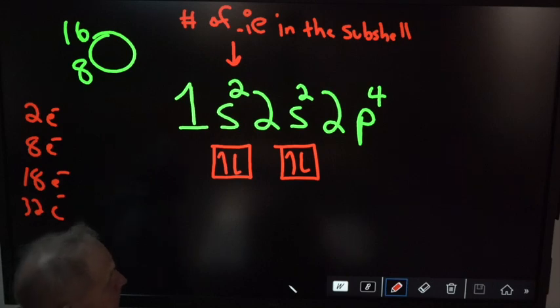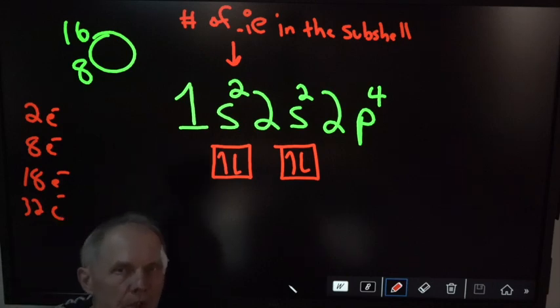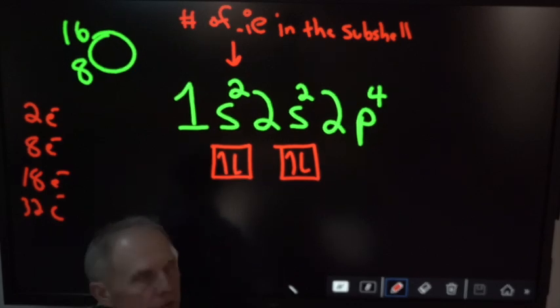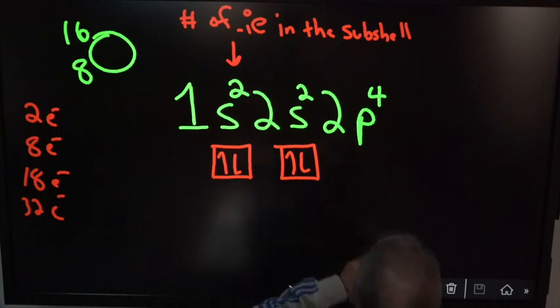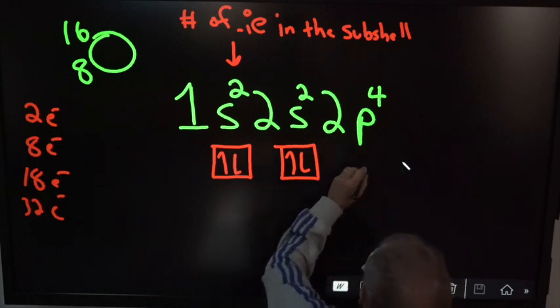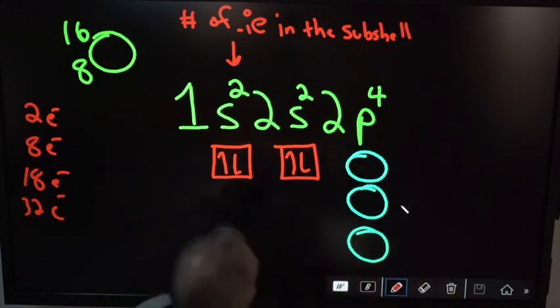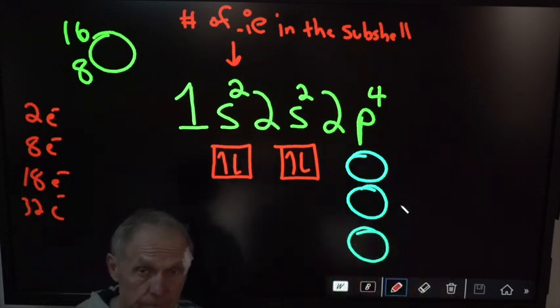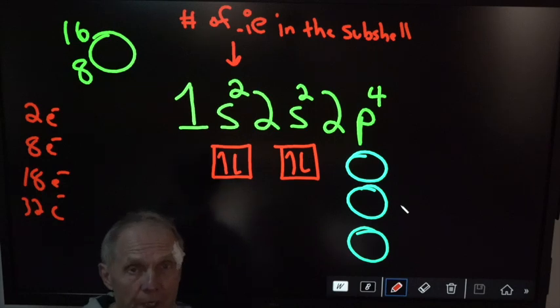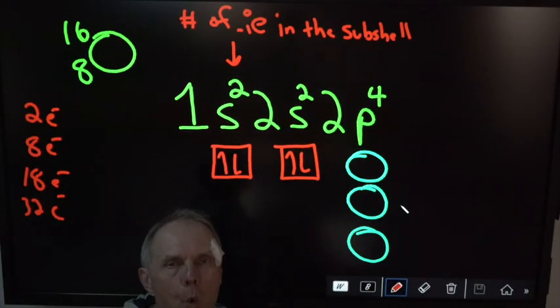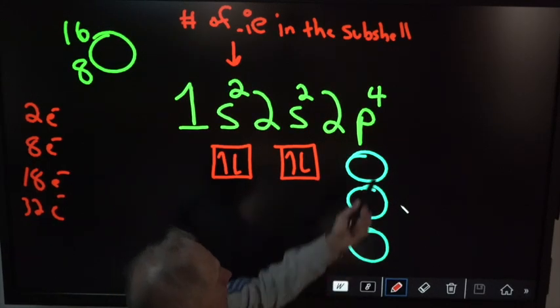Now, for p orbitals, I'm going to make them circles. And p can hold 3 orbitals. So I'm going to go like this. 1, 2, 3. Now, the rule, 1 in each before 2 in any. I have 4 p electrons. 1 has to go in each orbital before I put 2 in any. So I got 4.